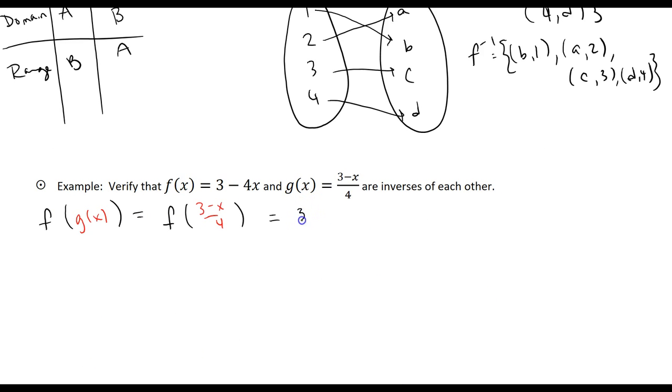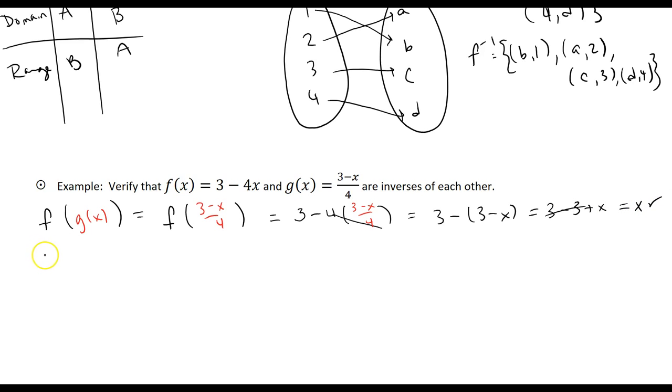So everywhere that I have an x, I'm going to replace it with (3 minus x) over 4. So you'll see that the 4's cancel, and I have 3 minus (3 minus x). If I distribute, that's 3 minus 3 minus negative x, so plus x, which is x. So we get what we want there.